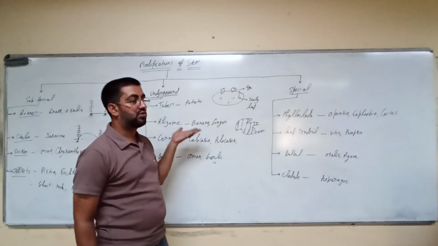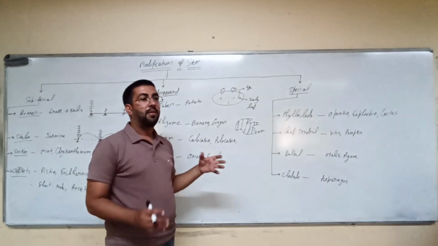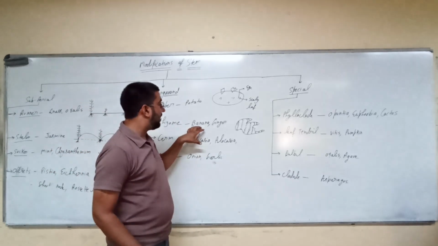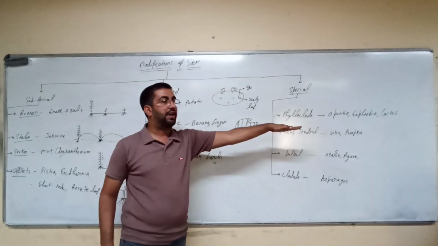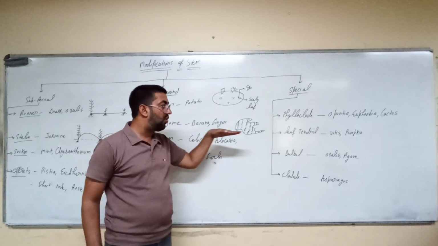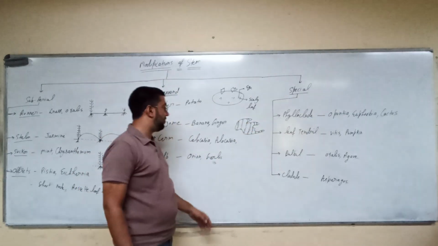Rhizomes also possess nodes and internodes, but they are very closely packed to each other, and the rhizome moves horizontally to the ground.